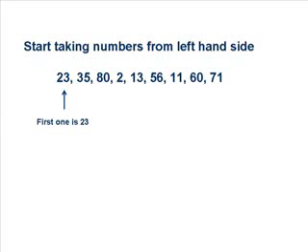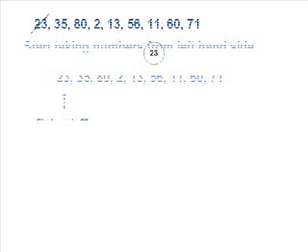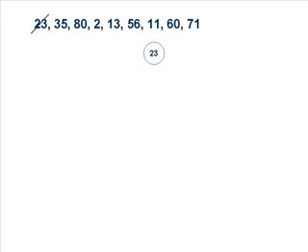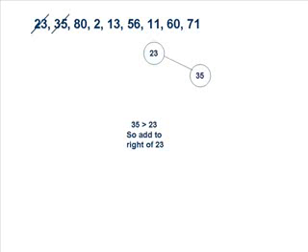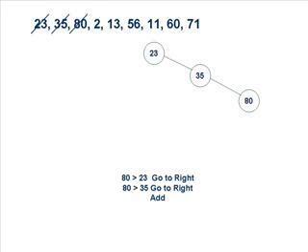Now start taking numbers from the left hand side of the list and start creating a binary search tree. First one is 23. We take 23 and create a root node with the value 23. We take the next value, which is 35, and compare it with 23. 35 is larger than 23, so we place it on the right hand side of 23.